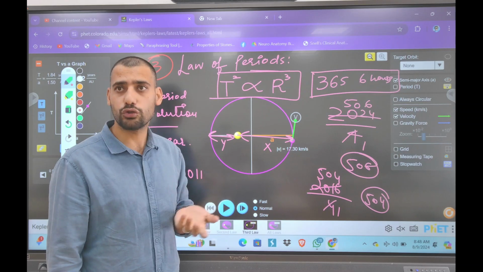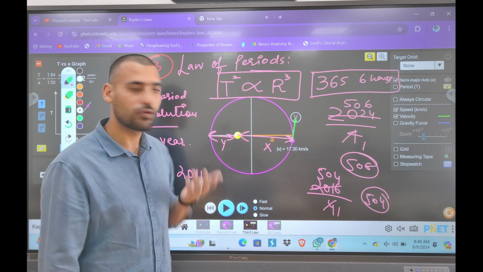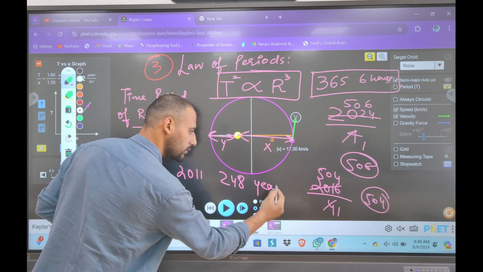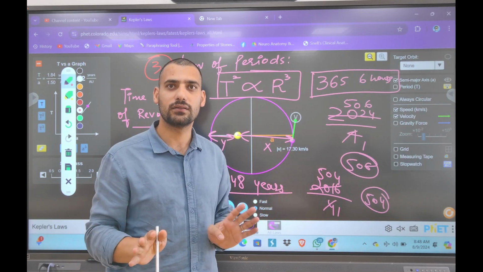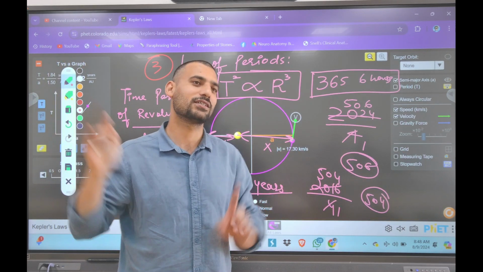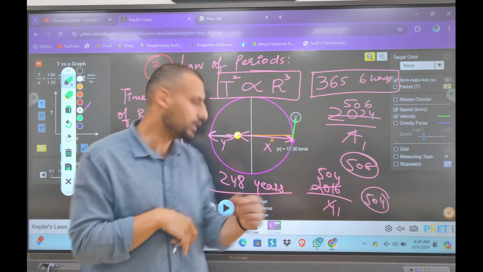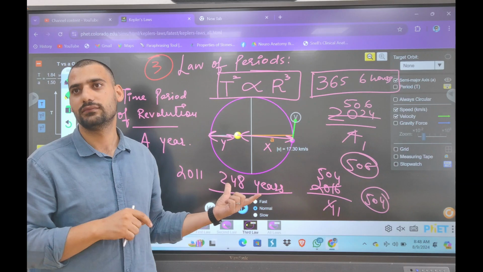Yes? Pluto. Isn't it? Do you know what the time period of Pluto is? For Pluto, it is 248 years. That means on Earth, 248 years have passed. On Pluto, if there is a child, he is just 1 year old. Because it takes this many years on Earth for Pluto to cover one cycle.